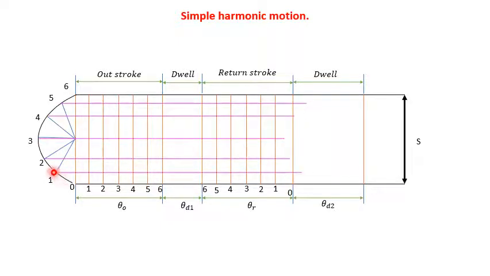The next step is the important step. We have to mark the cutting points. Wherever this first line cuts the first vertical line, you mark it as the first cutting point.